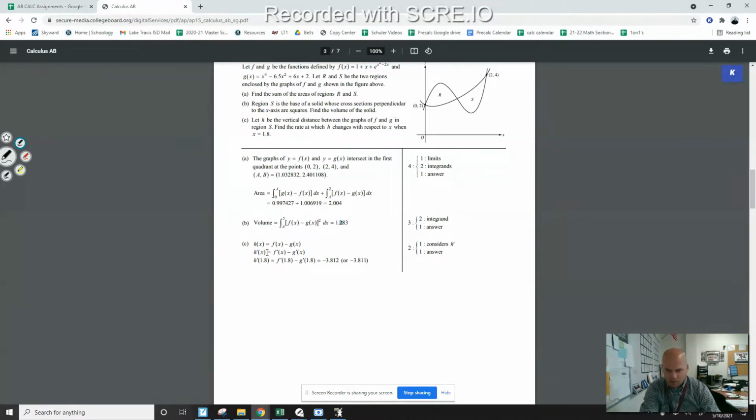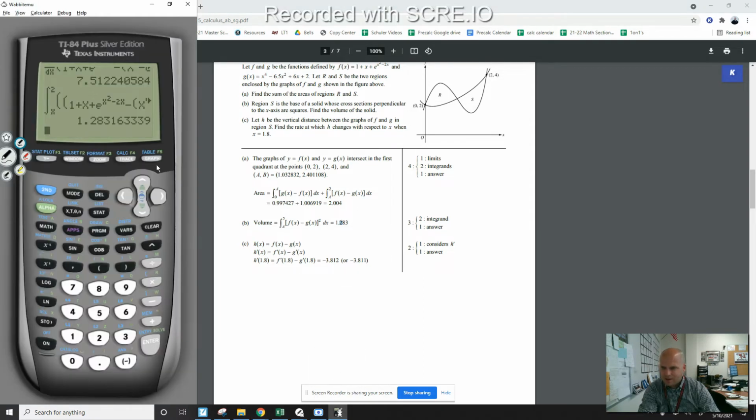H, f minus g. Considering h prime, I got a point. Getting the answer. What the heck? What? Negative 3.812? X to the fourth minus 6.5 x squared plus 6x plus 2.